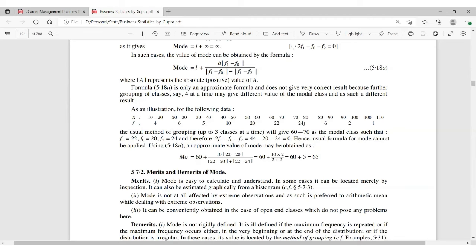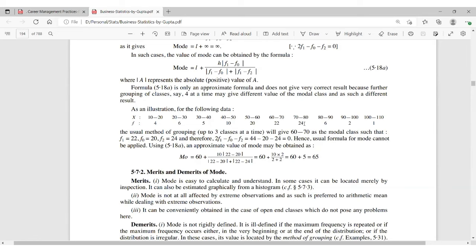In this case, we find the model class by grouping table and then analysis table. Grouping table and analysis table.